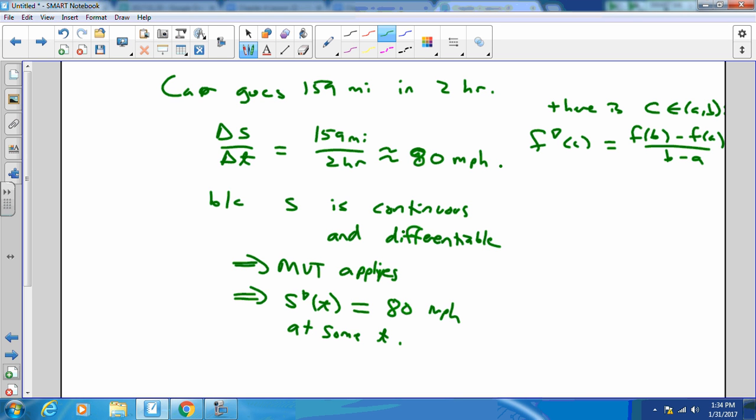Watch the logic: we have a well-behaved function, so we compute the average rate of change, and therefore the instantaneous rate of change had to be that amount at some time, not for every time, but at least one time. So my car was speeding at least once. Does that help?